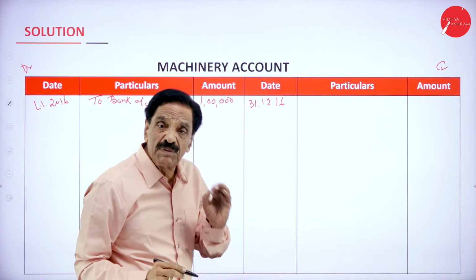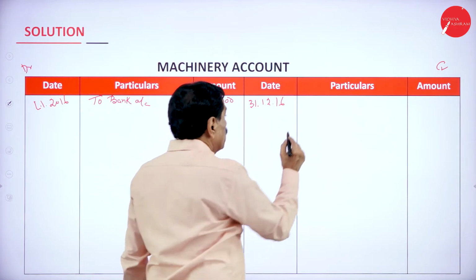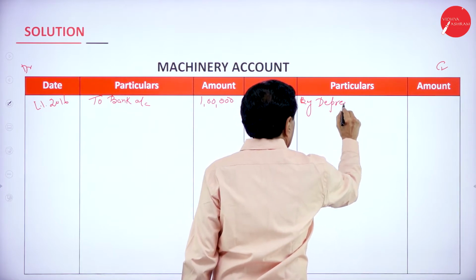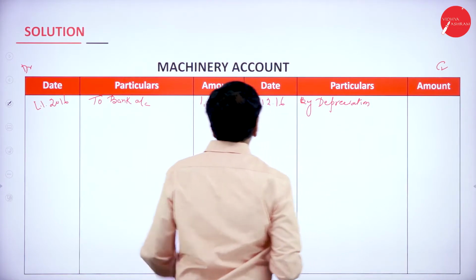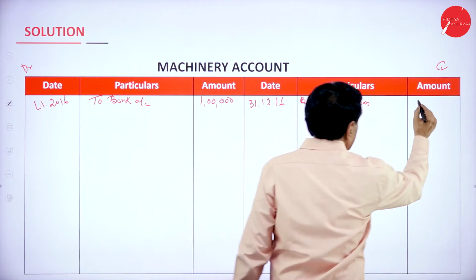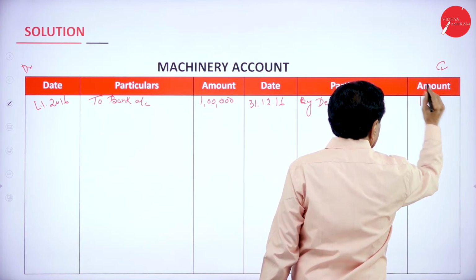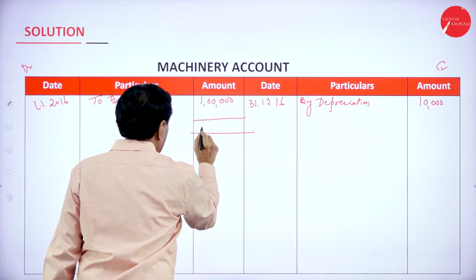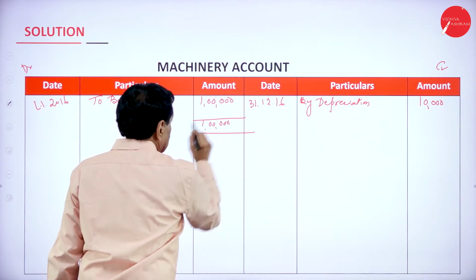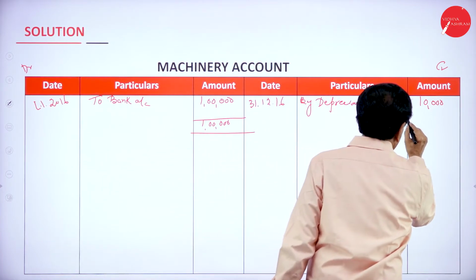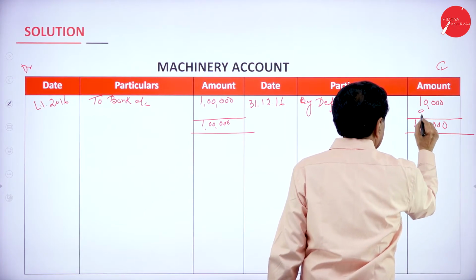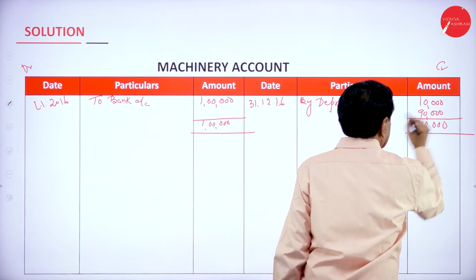31st December 2016, what's the rate of depreciation? 10%. By depreciation, 10% of 1 lakh is 10,000. Bring out the difference: 1 lakh minus 10,000, the difference is 90,000.